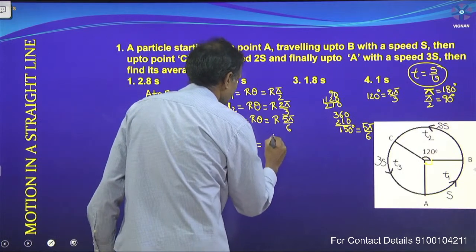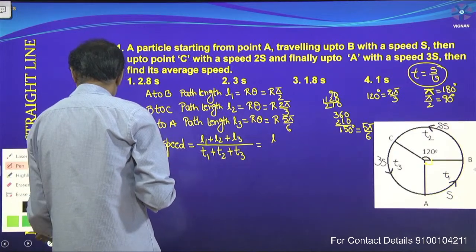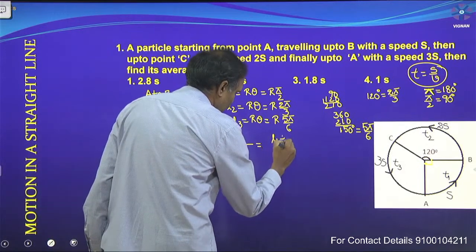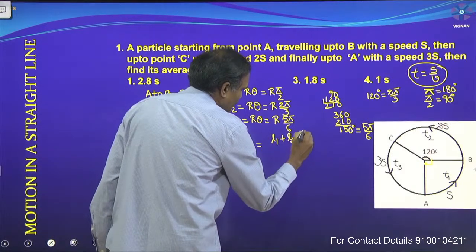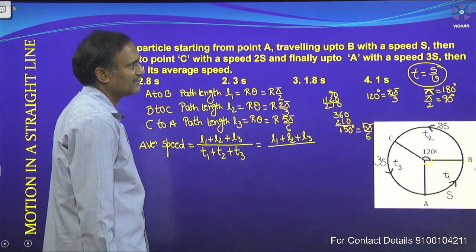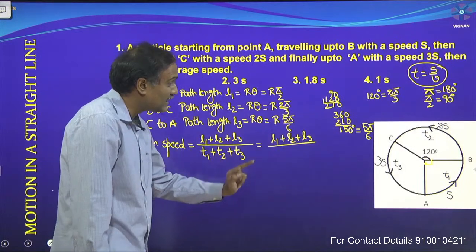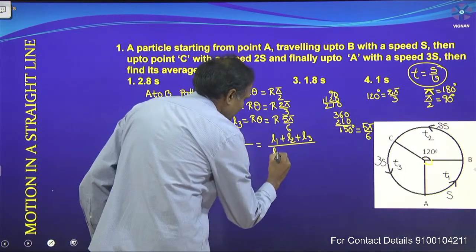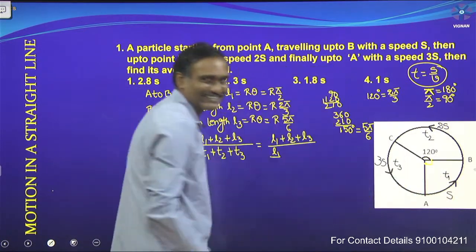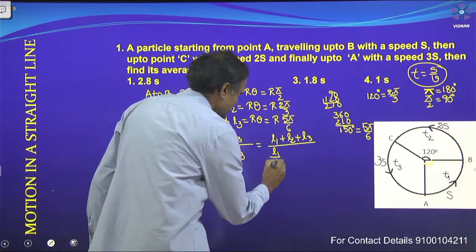What about T1, T2 and T3? Observe this. L1, I will substitute later, divided by T1, that means S divided by V. Therefore, L1 divided by V. What about the velocity during the time interval? Yes, velocity is given in terms of S, remember that.